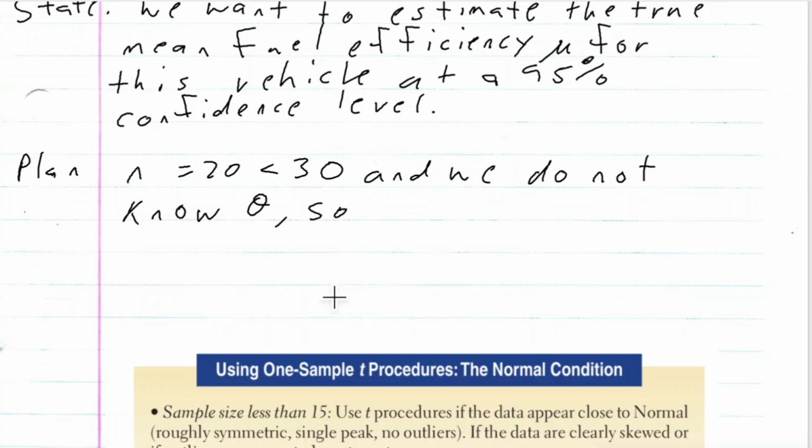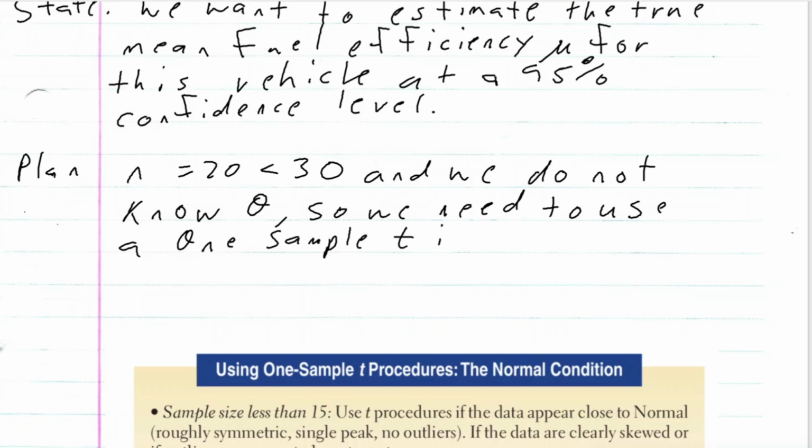So whenever this case arises, we need to use a one sample t interval for that population mean.